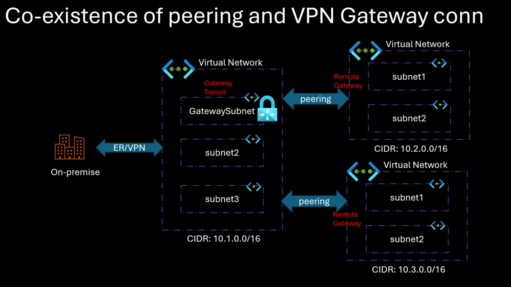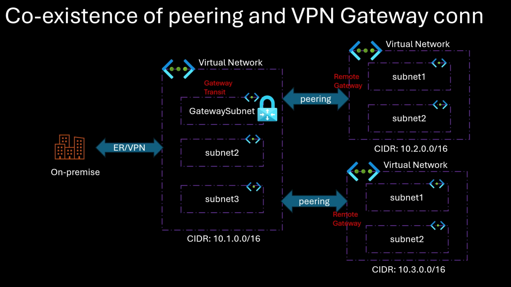The diagram on the screen shows how virtual network peering and VPN gateway can coexist in the network topology. When setting up Azure Hub and Spoke network, you don't always need a separate gateway for every virtual network. In Azure Hub and Spoke network topology, you can make use of gateway transit and remote gateway capabilities provided by the peering connection.